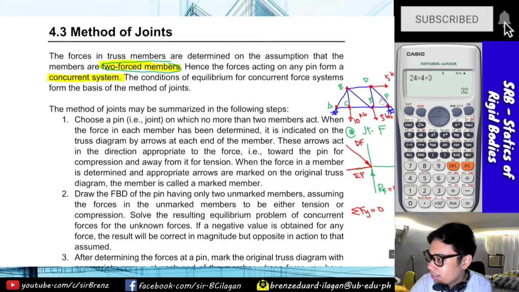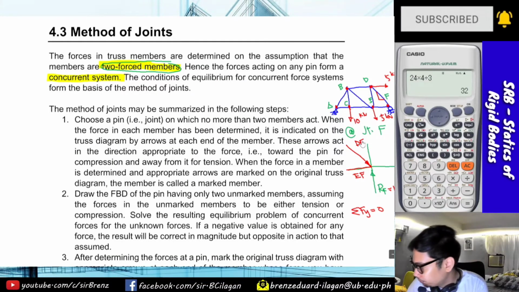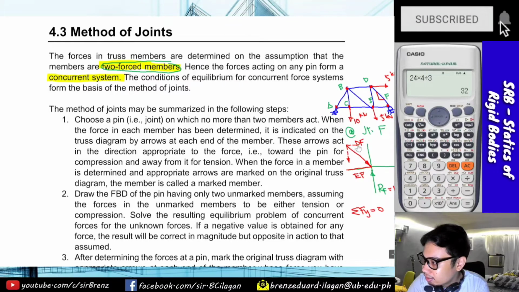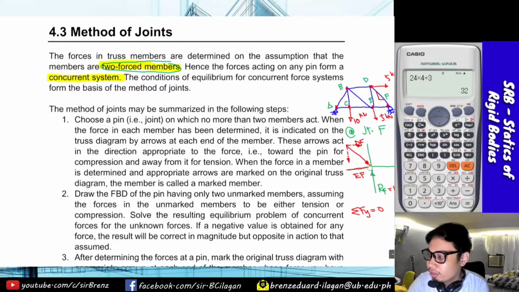So, yung angle na yan, makukuha mo naman yung slope na to, ibibigay naman yan sa problem. So, di ba ito merong dalawang component? Meron siyang component Y, which is downward, and component X, kung saan papunta siya sa kanan. Okay? So, pag ganito dapat yung direction. Compression dapat yung iyong member DF.